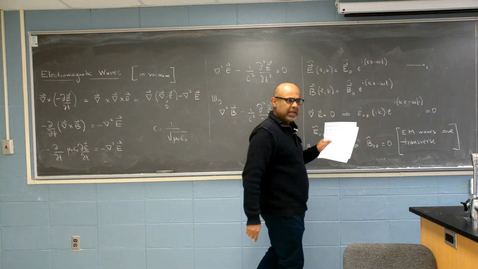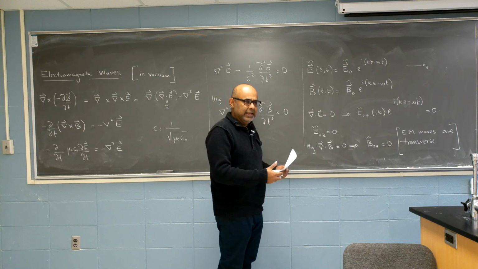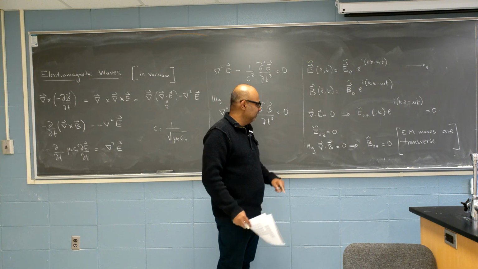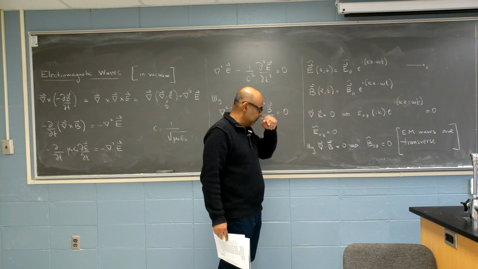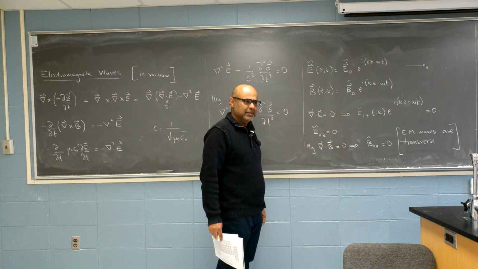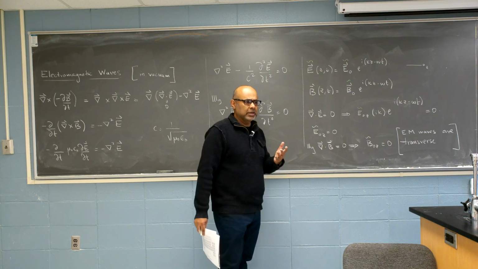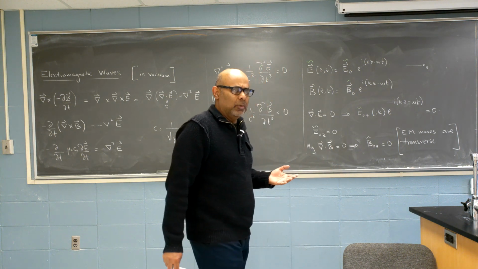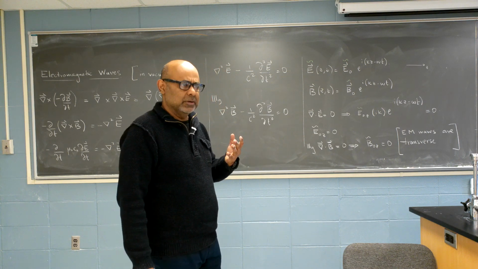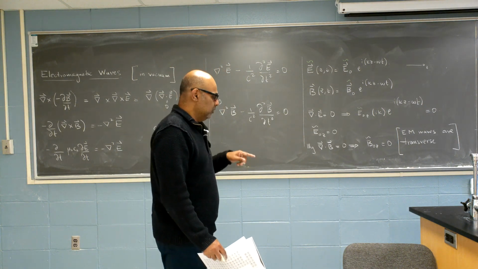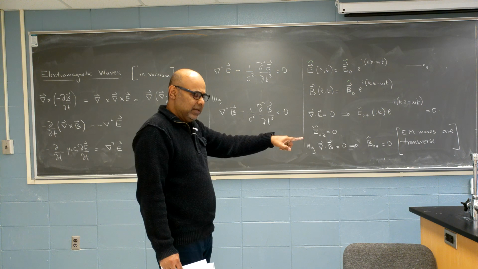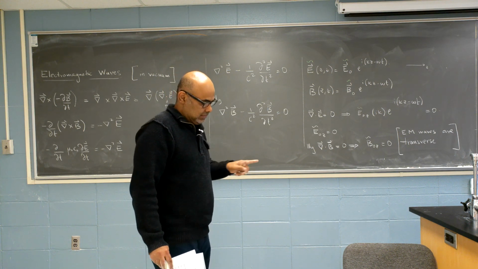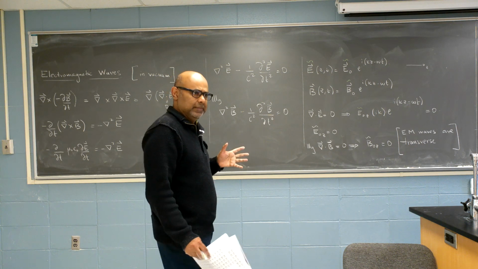If the wave is propagating in the z direction, E and B are perpendicular to z. It's transverse, right? From freshman physics, I know we haven't discussed it in this course. You know the difference between transverse and longitudinal, right? Here the waves are propagating this way, but really E and B are in this plane, perpendicular to z.